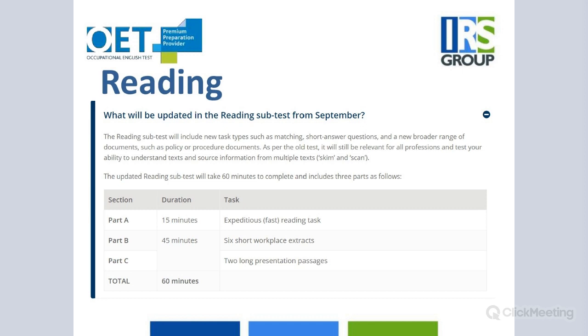So in part A, you will get a set of questionnaires, and you will be given 15 minutes. You need to answer those questions in 15 minutes. Here also, every question takes 1 mark.